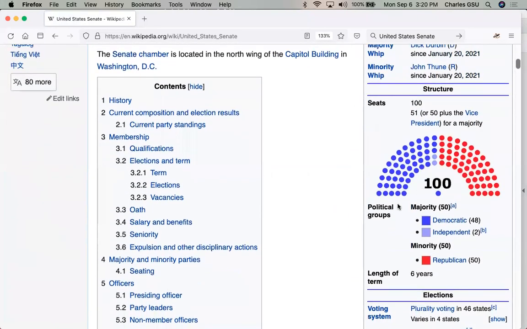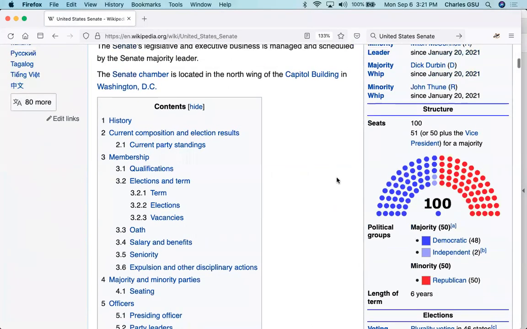So represented here in blue are liberals or Democrats. Think of Obama and Biden. And then represented in red are Republicans or conservatives. So right now in the House, it's pretty much down the middle, 50-50, with Kamala Harris, right, being the vice president with the swing vote.